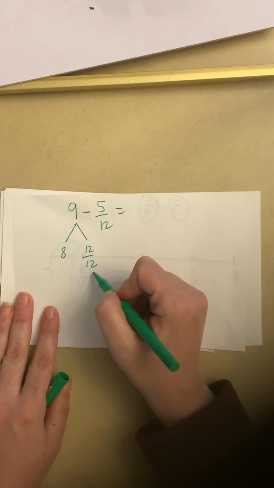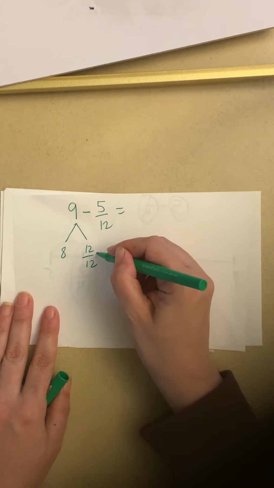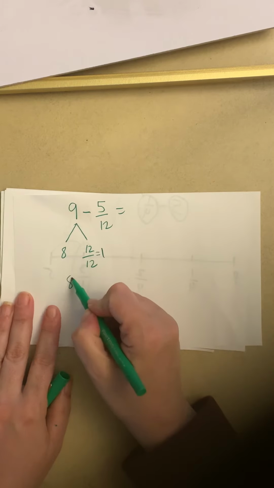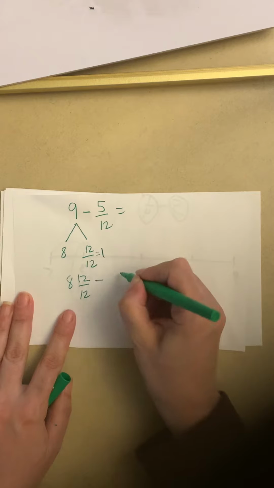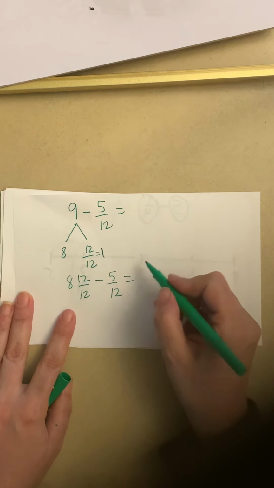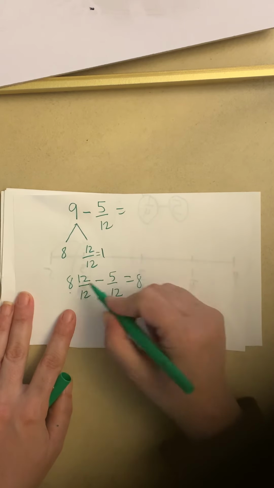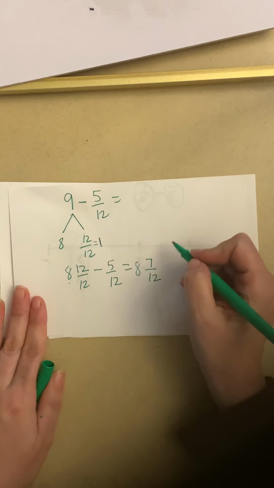So 8 and 12/12 is equivalent to 9, because we know that 12/12 is equivalent to 1 whole, right? So now I have 8 and 12/12 minus 5/12, and that will equal 8. I leave the 8 the same. 12 minus 5 is 7/12.